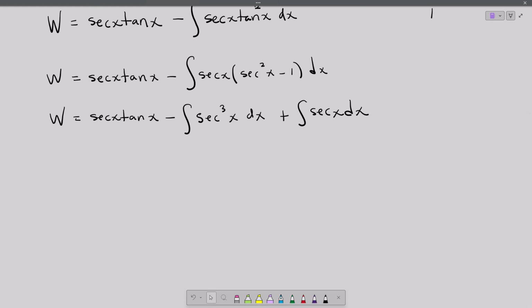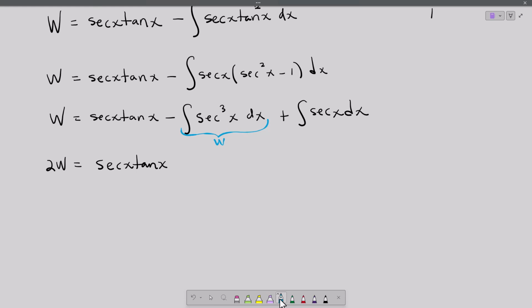We add it to the left side. We'll have w plus w, a pair of w's. 2w equals secant x tangent x. So that part right here is equal to w. So we added it to both sides of the equation.